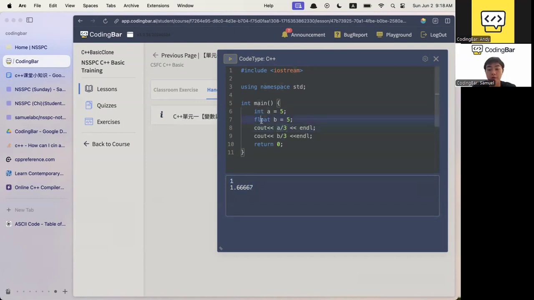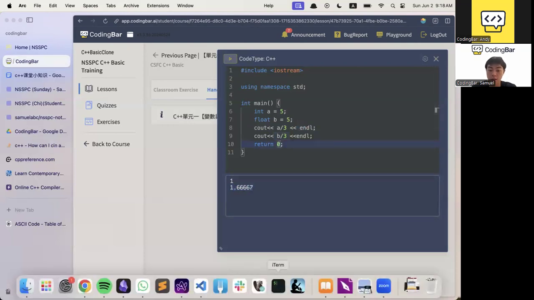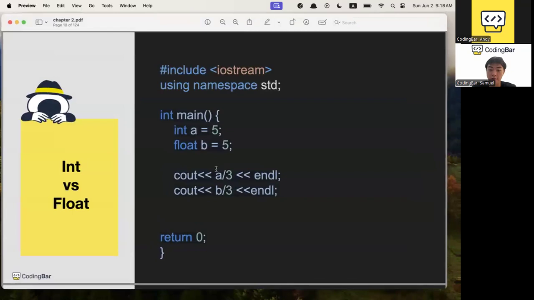And for floating point, for b, when b is divided by 3, it works fine because the compiler knows that b is a floating point number. And it processes everything here as a floating point number. And thus the decimal part is still here. This is something to be careful about.